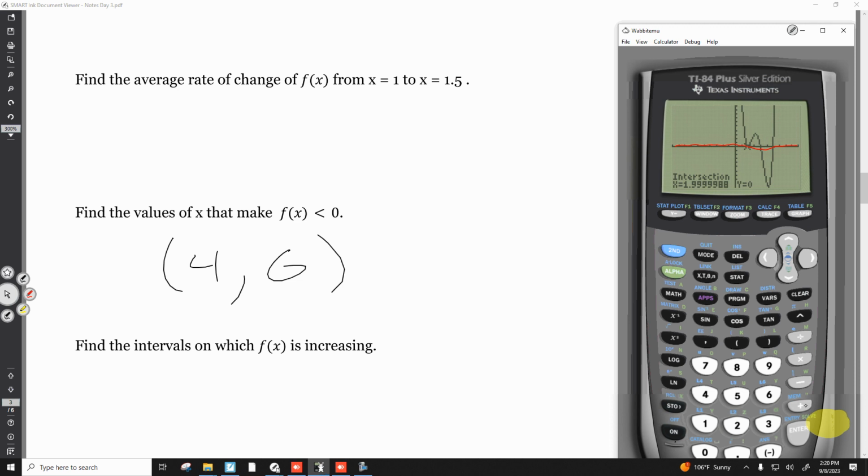Guys, you got to understand that your calculator does the best that it can. And when it gets really, really close to something, it's like, all right, that's it. My calculator got a value very close to 0, plugging in 1.9999988. It's your calculator's way of saying, hey, maybe the intersection's actually at 2. If you plugged in 2, you would get 0.